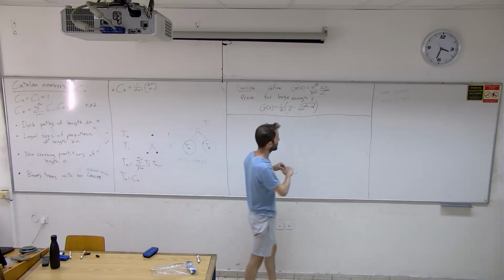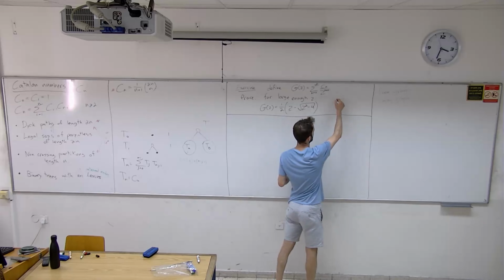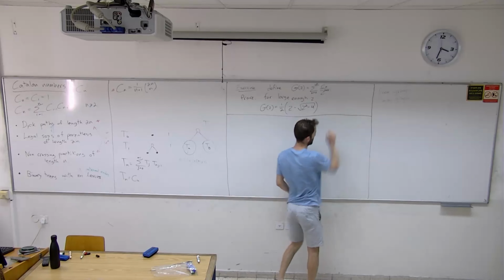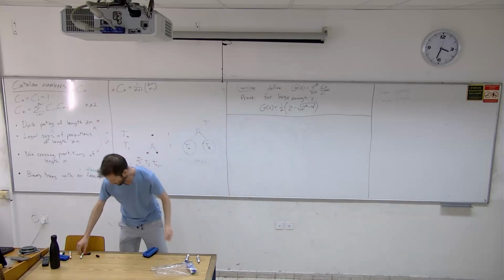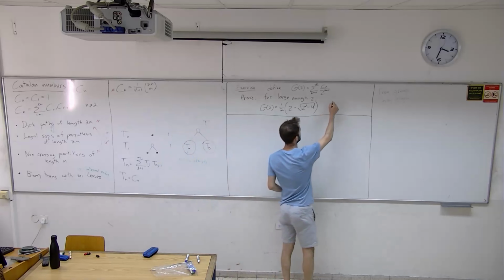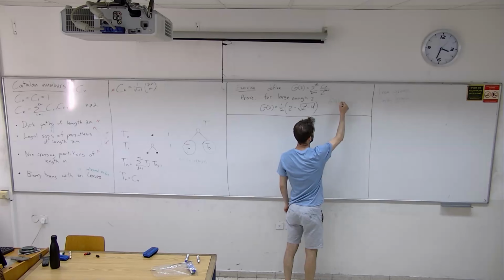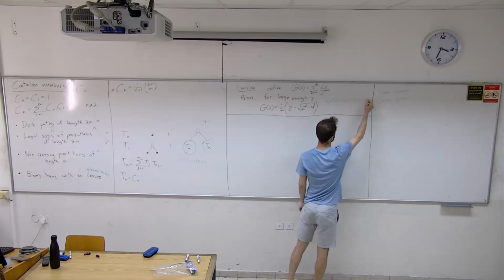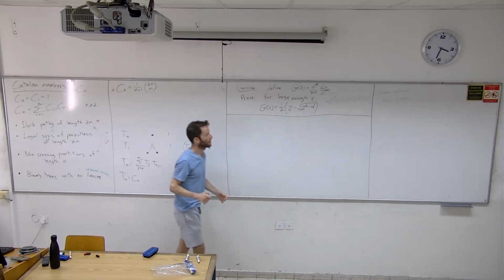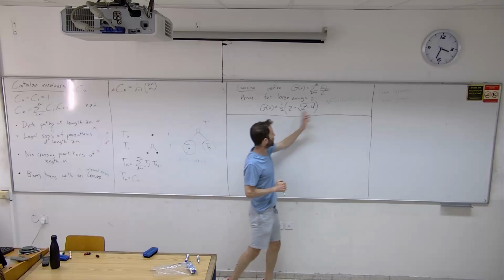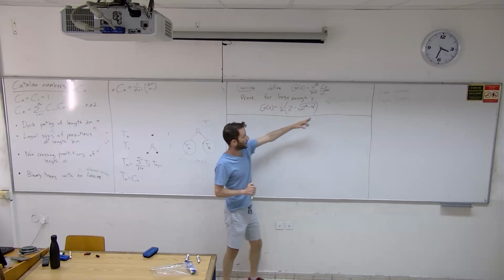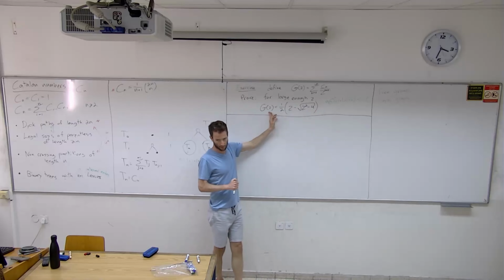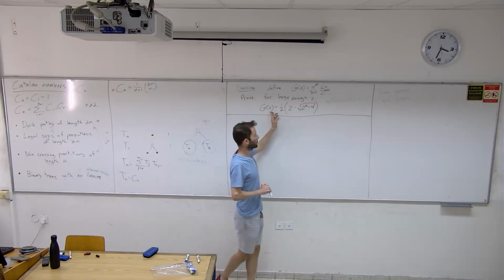What I want to do is find a way to write a g of z squared plus b g of z plus c equals 0 in some way, such that I can solve this equation and derive this formula.